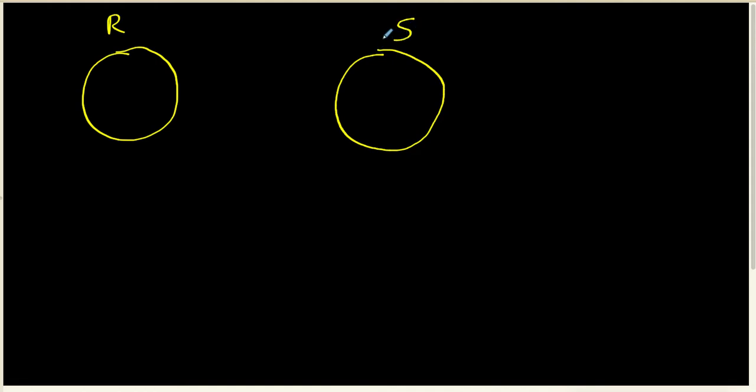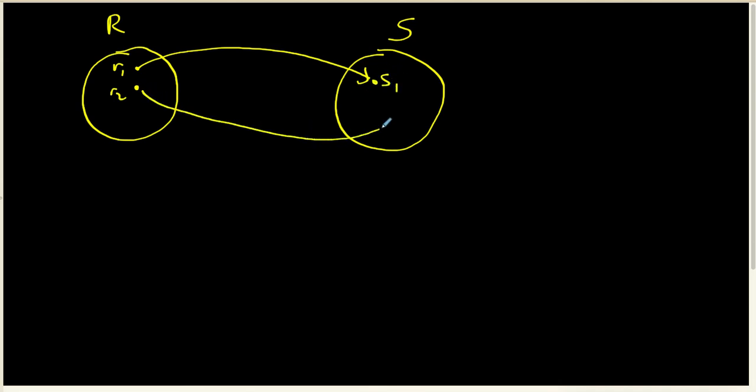So the idea is that if we have a ring isomorphism and we have R here and we have S here, the map is going to be one-to-one and onto. Now what that means is if I take two elements over here in R, they have to map to separate elements over here in S. So we have phi of r1 is equal to s1.